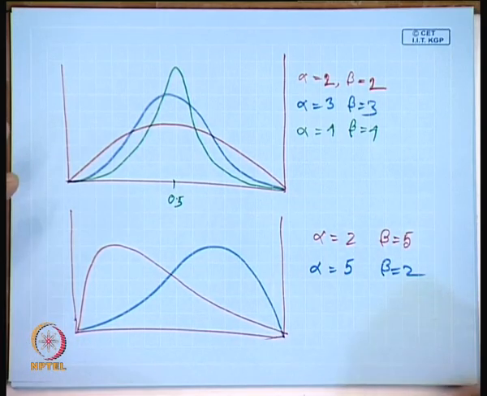So, what we are trying to discuss is that the beta distribution, having specific lower and upper bounds, can take different shapes and different skewness just by controlling these two parameters, and it can even be the uniform distribution when both parameters are equal to 1.